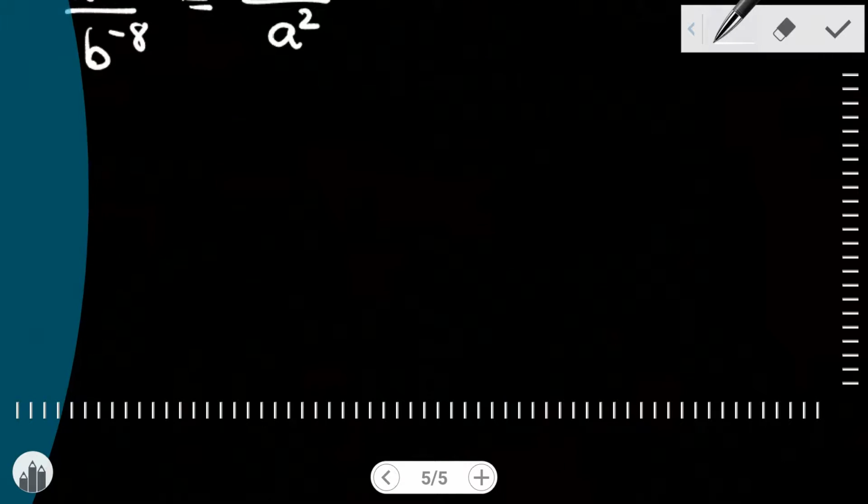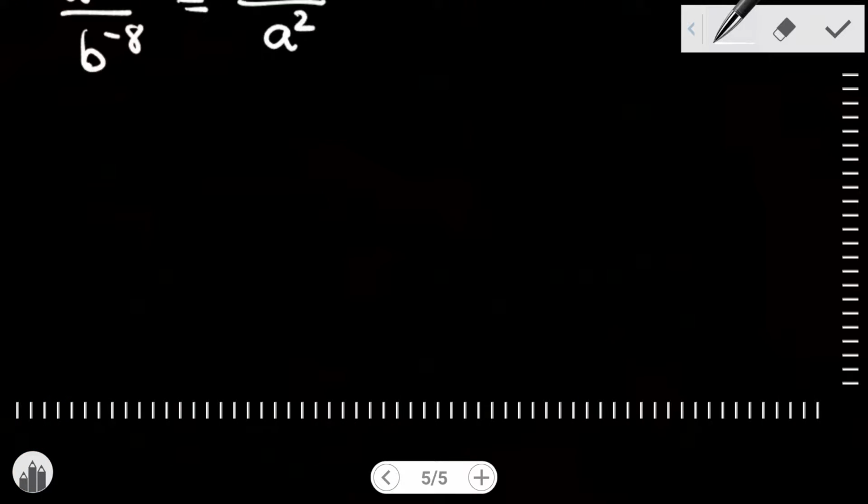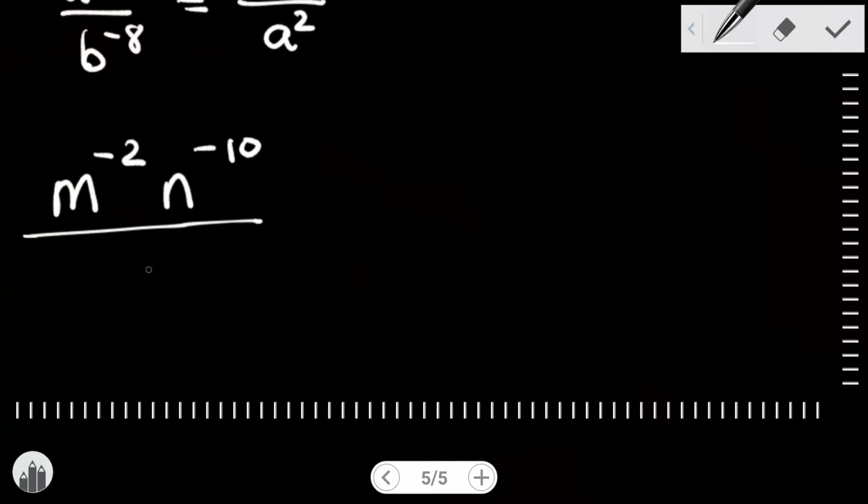Let's do another one. This one will have a couple more variables in it. So m to the negative 2nd, n to the negative 10th, and let's do t to the negative 6, and let's do w squared.